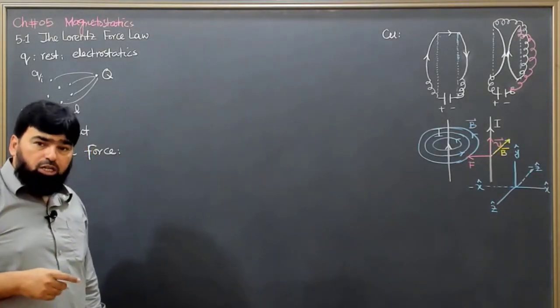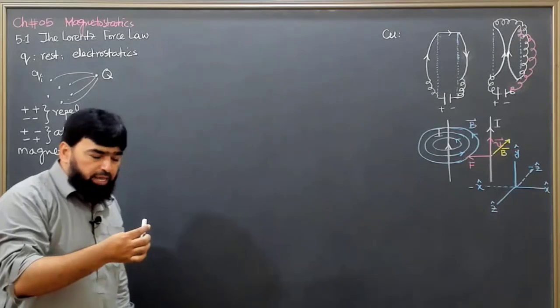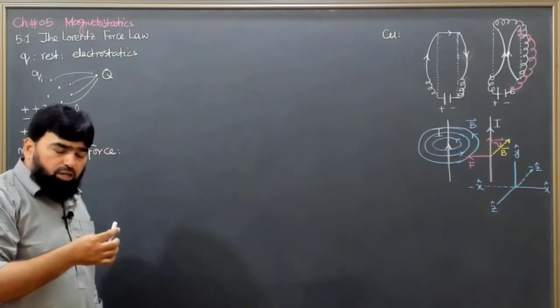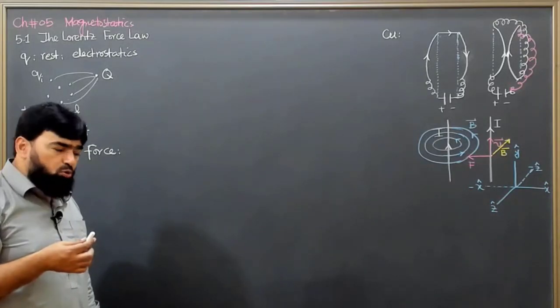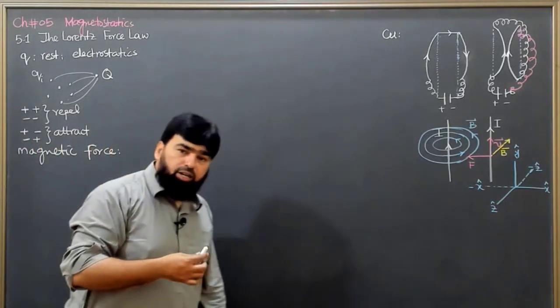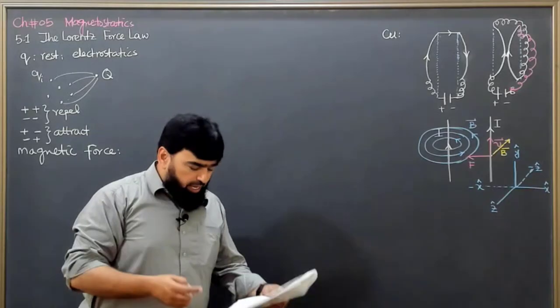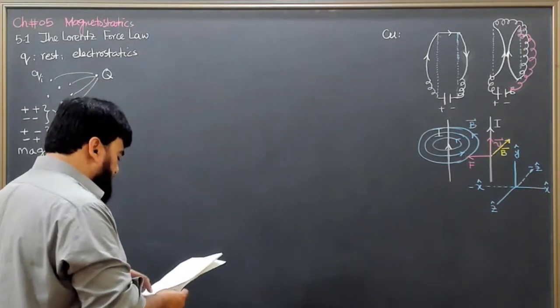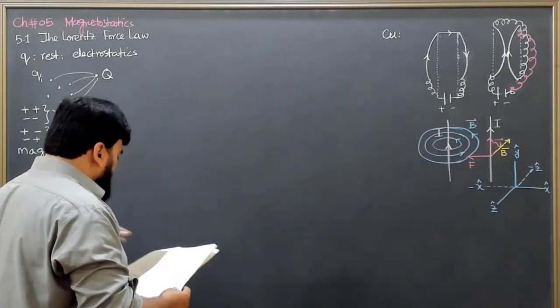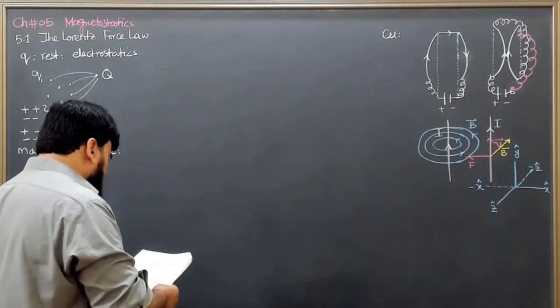But when the charge starts moving, the charge will have, in addition to the electrostatic force, a magnetic force as well. And we encounter this for the first time when we move the charge.